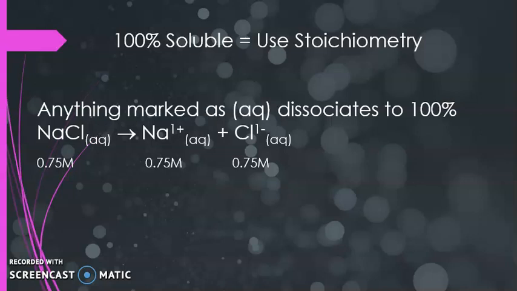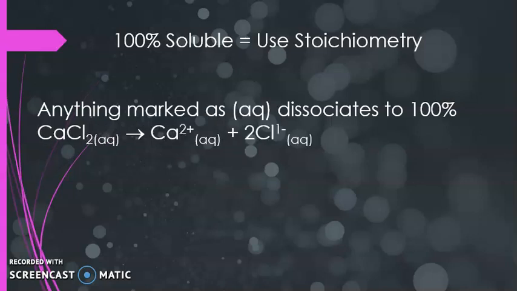Now, just so you can see the stoichiometry of it, let's take a look at another example. Let's say something like CaCl2. Here's the dissociation equation for calcium chloride, 100% soluble. And again, single-headed arrow, aq signs all over the place. Let's say, for example, we start again with a 0.75 molar solution of calcium chloride.